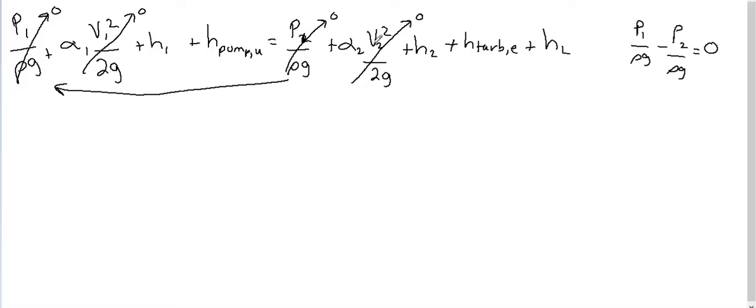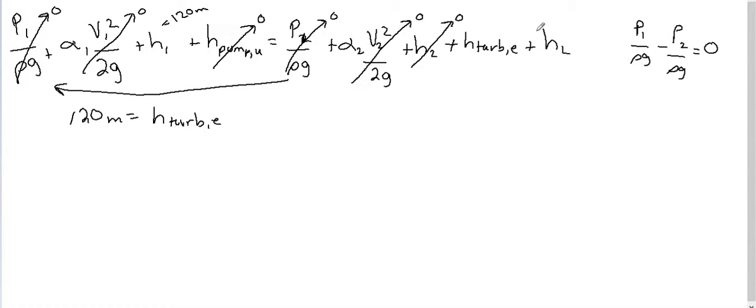Alright, now we set H2 equal to 0, and H1 was our 120 meters. That was the elevation at the start of where the water was. Now, we rarely have a pump and a turbine in a question. In this question we have the turbine, which is going to be used to generate electricity. We don't have a pump, so this term doesn't even exist here. So all we've got left is the elevation, 120 meters, equal to the head of the turbine, the extracted head of the turbine, plus the head loss.